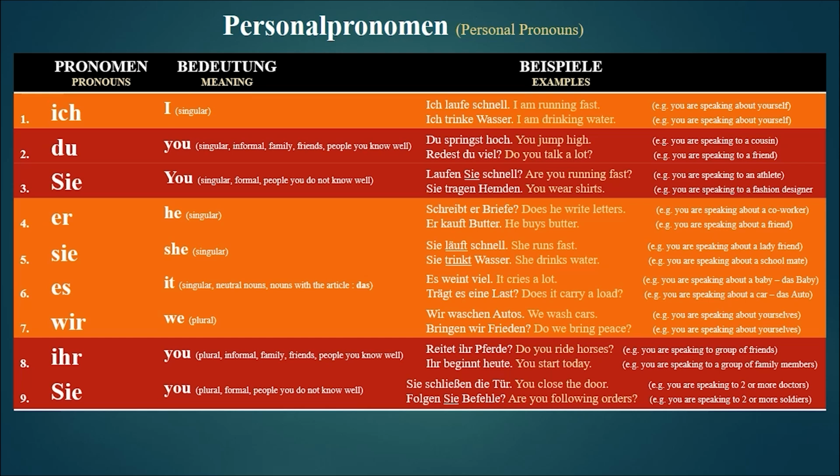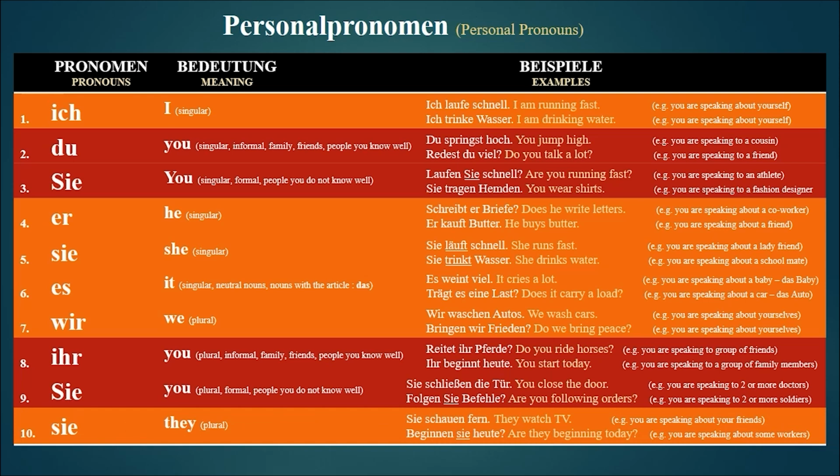Speaking to, for instance, 2 or more doctors, or we have folgen Sie Befehle. Are you following orders? You're speaking to 2 or more soldiers. Good. So Sie with capital S, even in a sentence, as we already learned, is always for formal greetings or formally addressing people. Remember that very well.